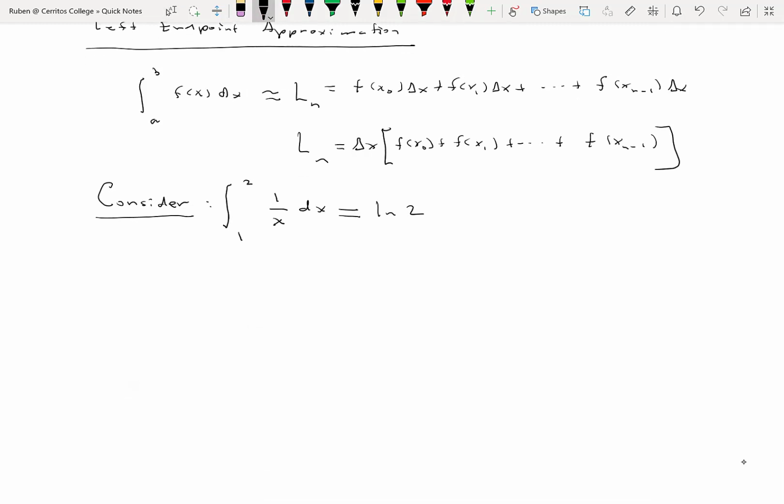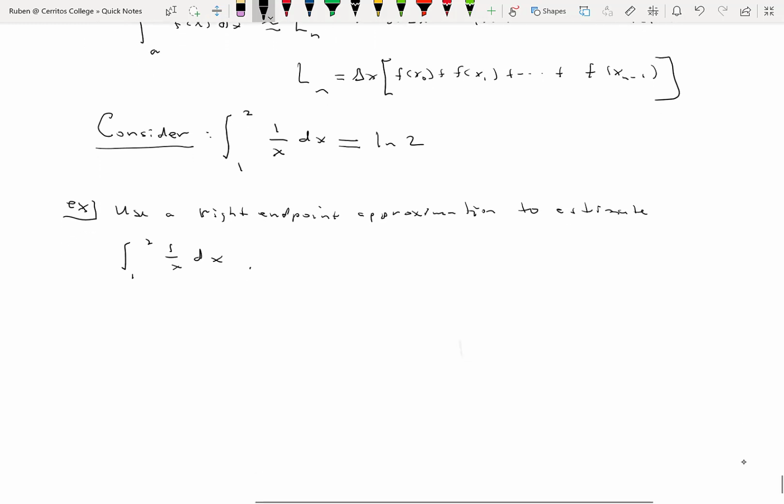Our first example of applying an approximation method is to estimate this integral. Okay, so use a right endpoint approximation to estimate the integral from 1 to 2 of 1 over x dx.